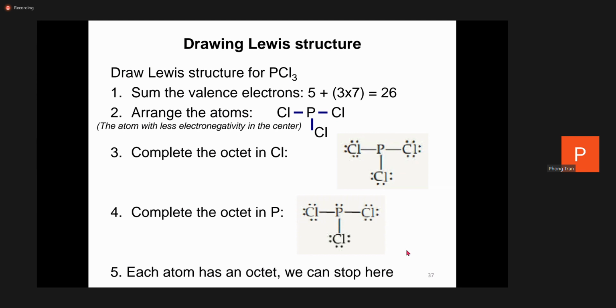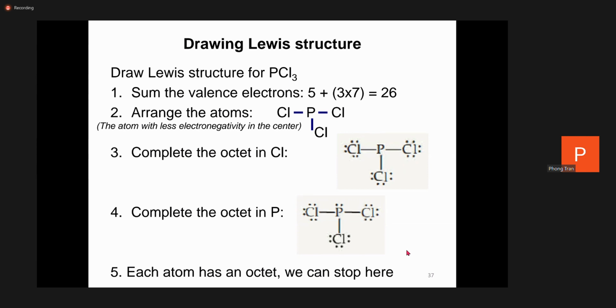So in total, you have 26 electrons. And you know that phosphorus has lower electronegativity compared with chlorine.